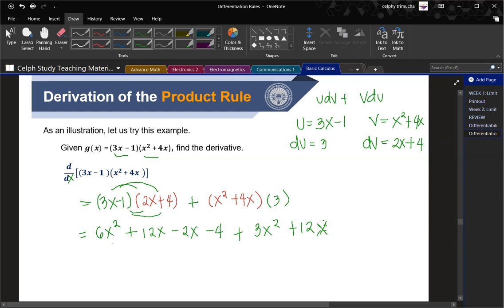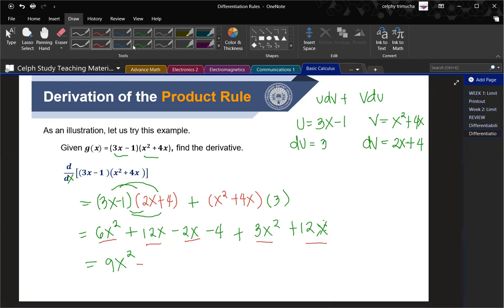And then combine like terms. So ang like terms dere we have 6x squared and 3x squared. So that will be 9x squared. Then aton nga mga x nga values, 12x, negative 2x, then 12x. So 24 minus 2, so that will be 22.